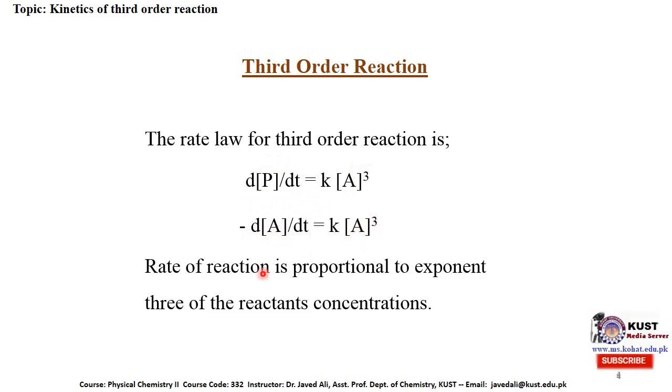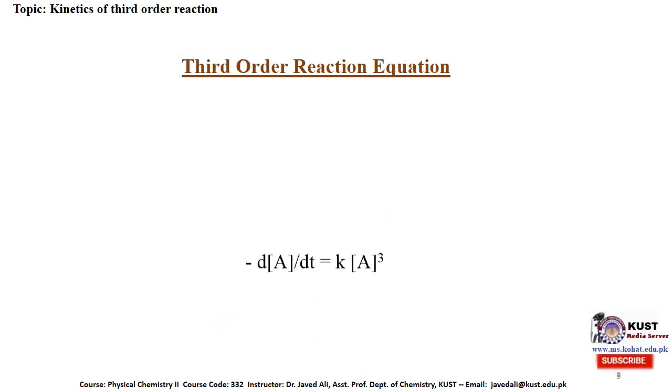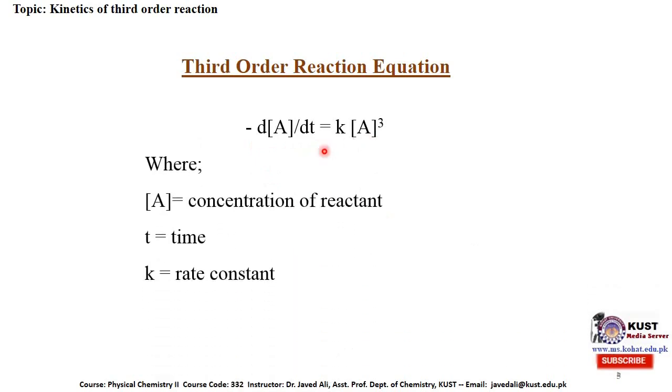Rate of reaction is proportional to exponent 3 of the reactant's concentration. Here A is the concentration of reactant, t is time, and K is rate constant.